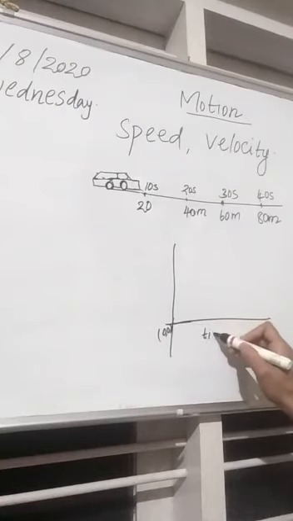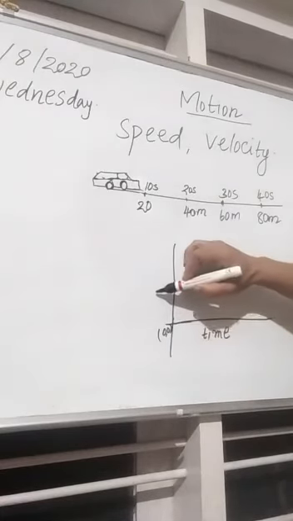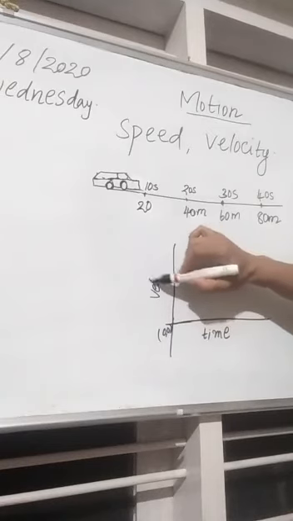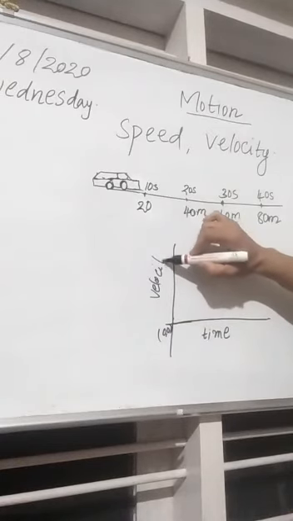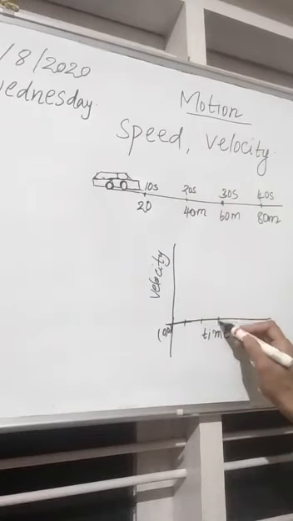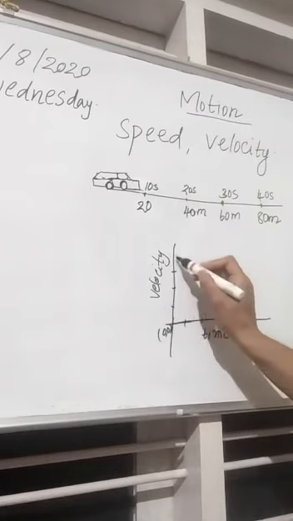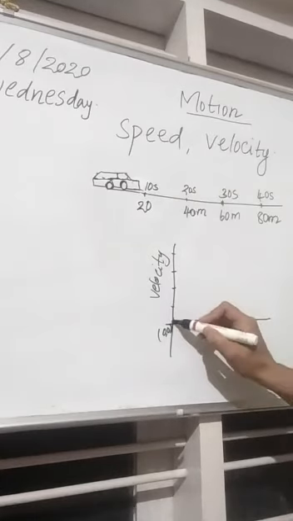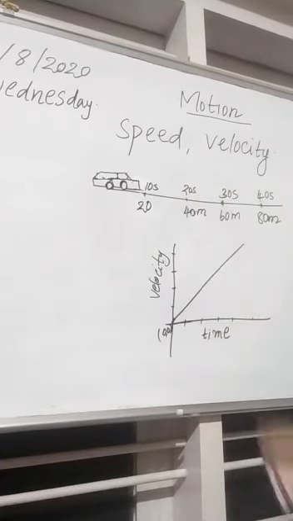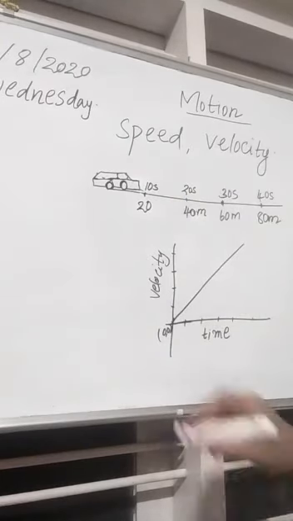If we take time here and velocity there, and put 10 second, 20 second, 30, 40 like this, then the graph we obtain will be a straight line. So for uniform velocity, the graph will be a straight line.